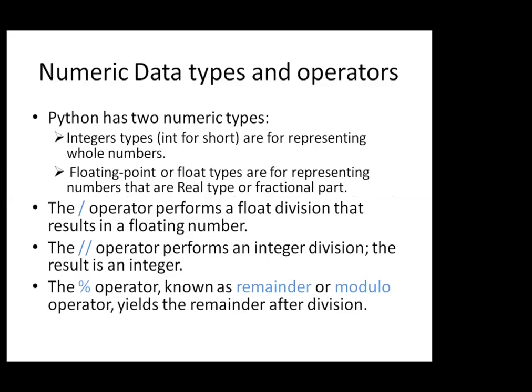Python has two numeric types, integer and float. Integers, or int for short, are for representing whole numbers.